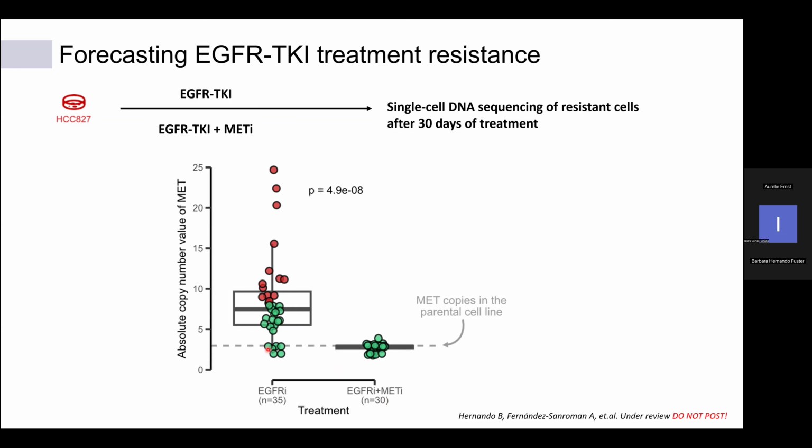However, we see a really high increase in the number of copies of MET in those cultures that were only treated with EGFR inhibitor. And actually, those cells that are treated with both have a similar number of copies to the one that we observed in the parental cell line. So that was super cool, but everything is done in vitro.